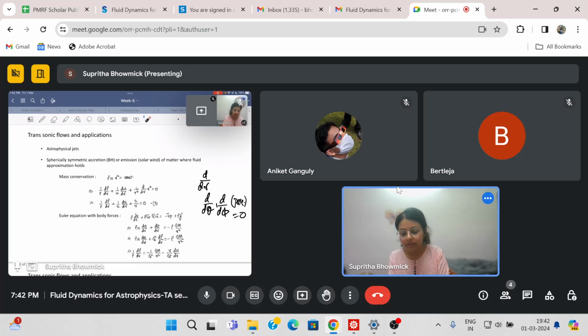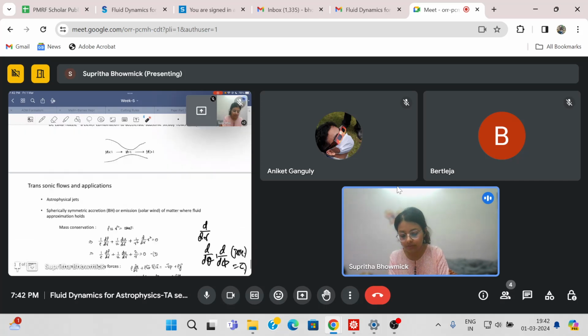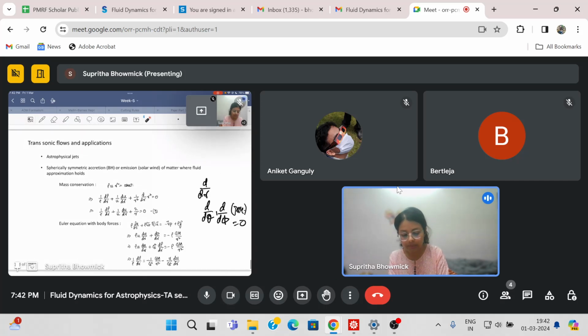If you remember the way we derived the jump conditions, we will repeat exactly the same steps to get some equations for this spherically symmetric accretion or emission. The mass conservation equation will now look like this, because previously this quantity was conserved, but now A would be the area of a sphere, which is proportional to r squared.